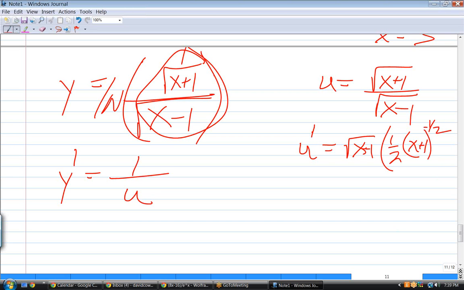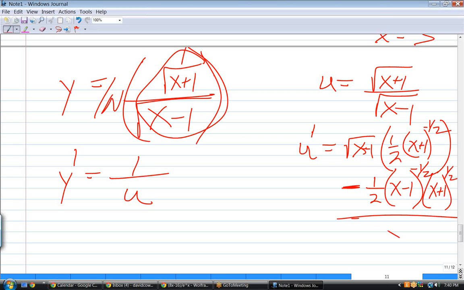Okay, with me? Minus the reverse, which is the derivative of the bottom times the top, all divided by the bottom squared, which in this case is very easy.